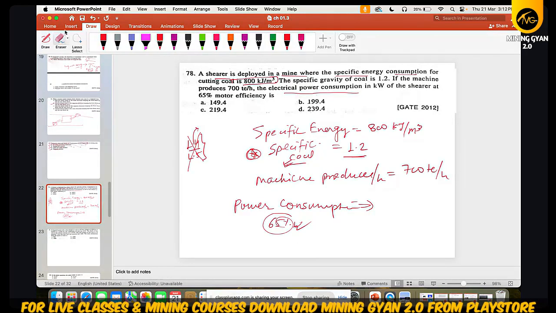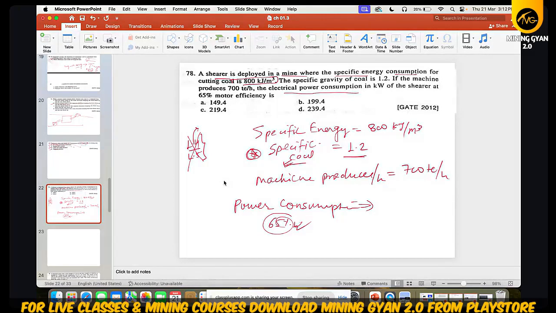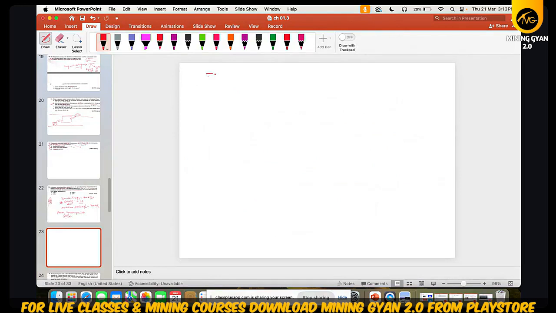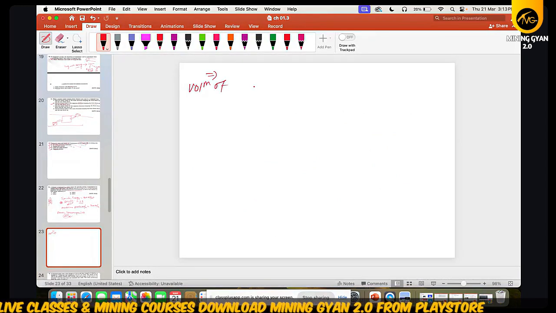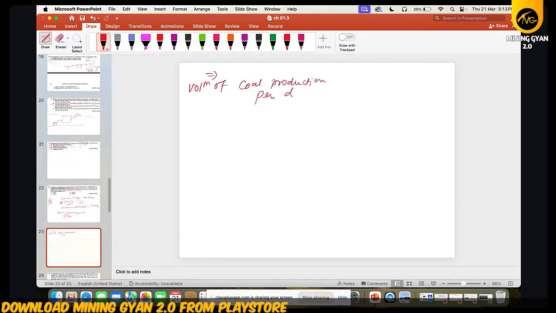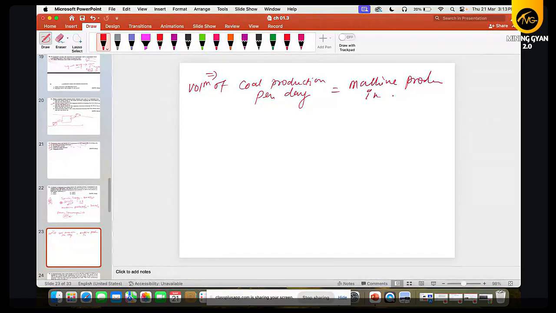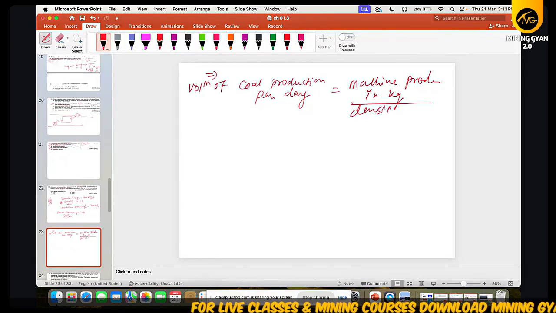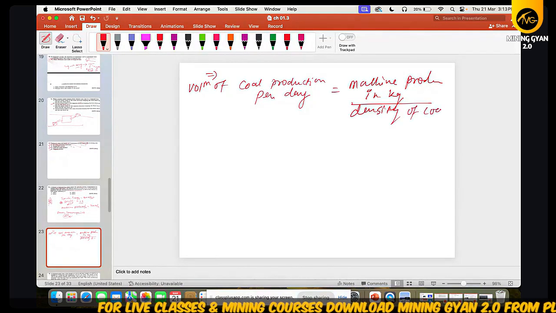Okay, let's start. For the energy consumption, what do we have to know? Volume of coal production per day we can calculate. How? Machine production in kg divided by density of coal.